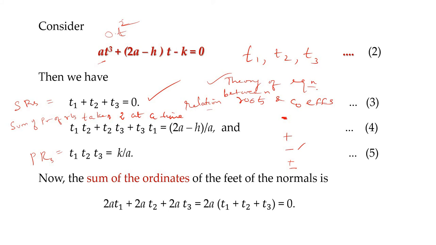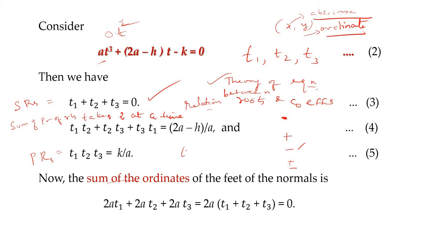Now you consider the sum of the ordinates. Ordinate means what? When we consider x and y, you know that x is called the abscissa, and the y coordinate is called the ordinate. So you have abscissa and ordinate. Here, the sum of the ordinates.